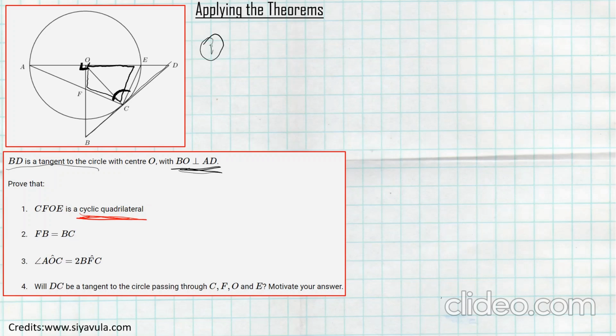So it's the converse exterior angle of a cyclic quad. Or someone can prove that when you add this angle plus this angle it is 180, then you use converse opposite angles of a cyclic quad are supplementary. Either way, so how are we going to prove?